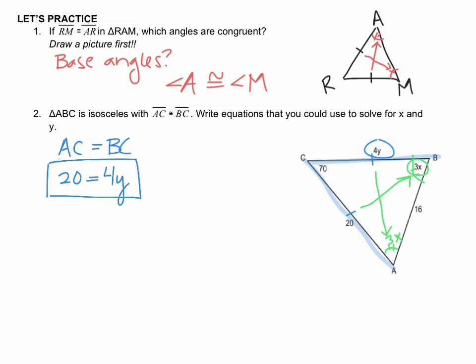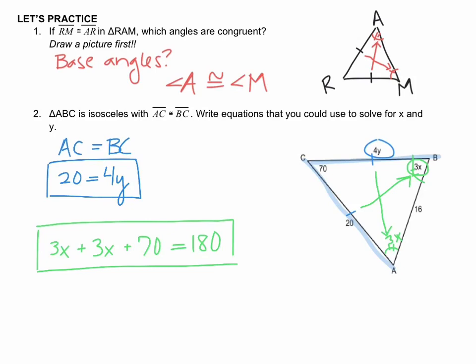The next thing I would want to do is say, well, now that I have the 3 angles in my triangle, I can add them all up to equal 180 degrees, because that is true of every single triangle. So for x, I can write 3x for angle A plus 3x for angle B plus 70 for angle C has to equal 180. That is the equation I would solve for x.